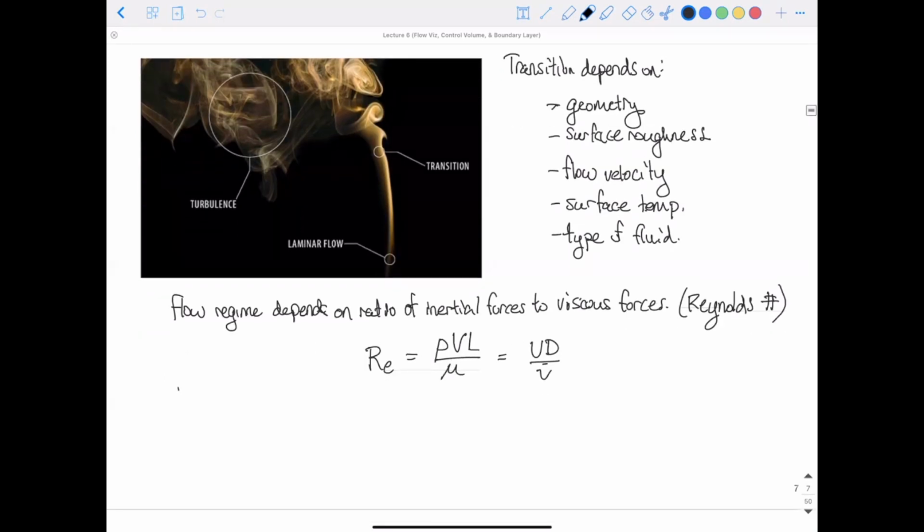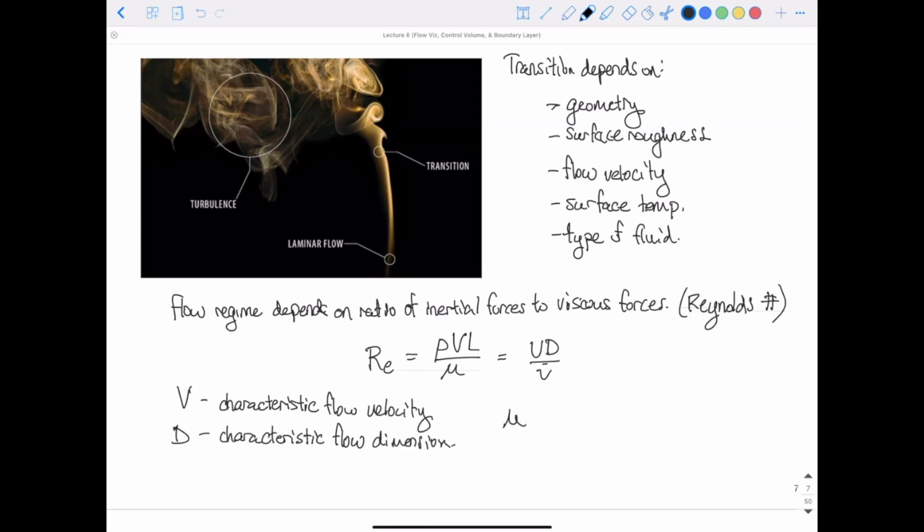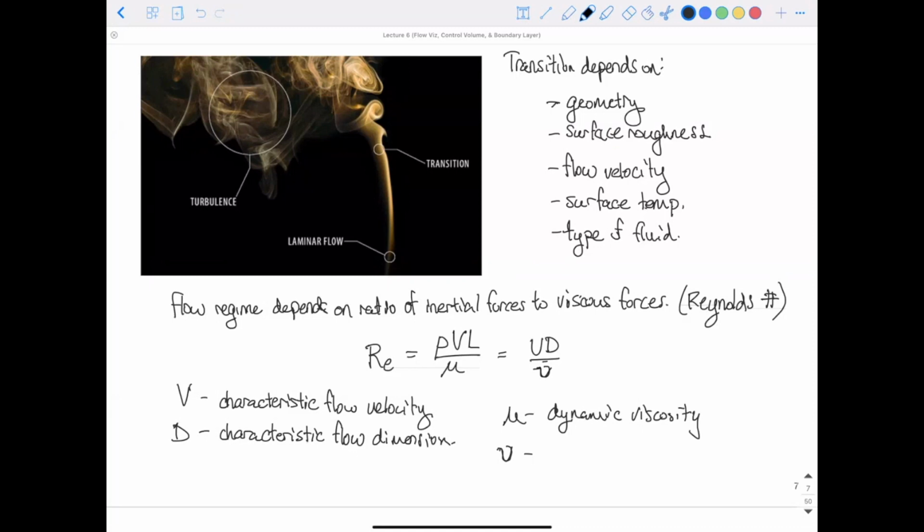In this case, our velocity, V, is our characteristic flow velocity. D is our characteristic flow dimension. Mu is our dynamic viscosity, and nu is our kinematic viscosity.